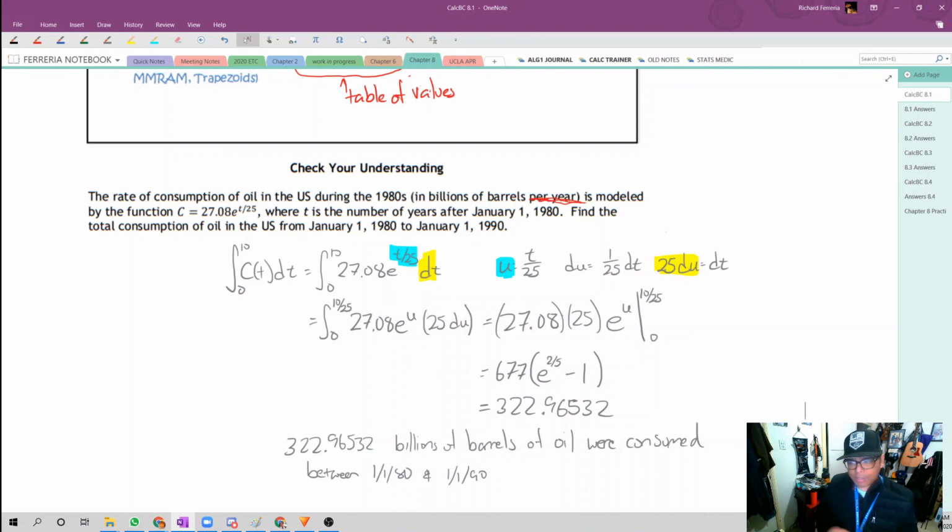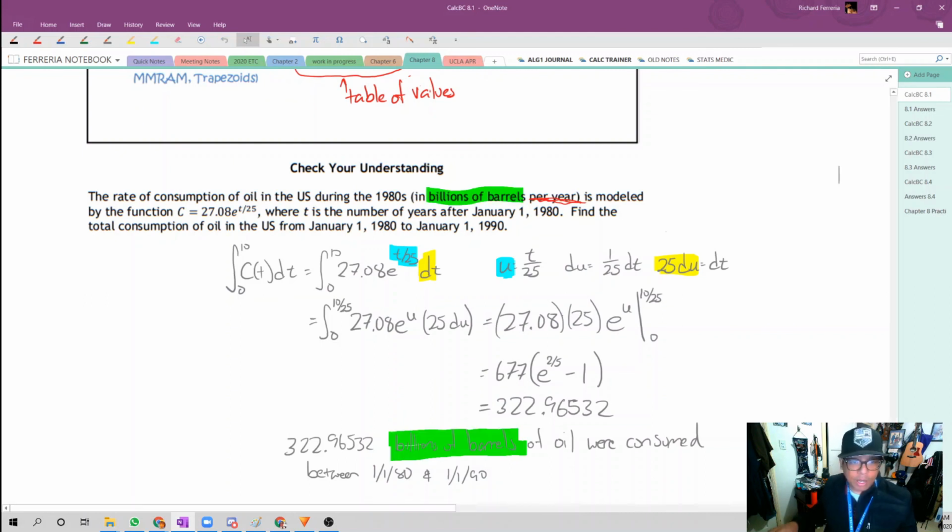You might ask, where did those units come from? And they come right from the question here. Billions of barrels per year was the rate for C. Cancel out per year, and we get billions of barrels, which should be the units after we integrate.